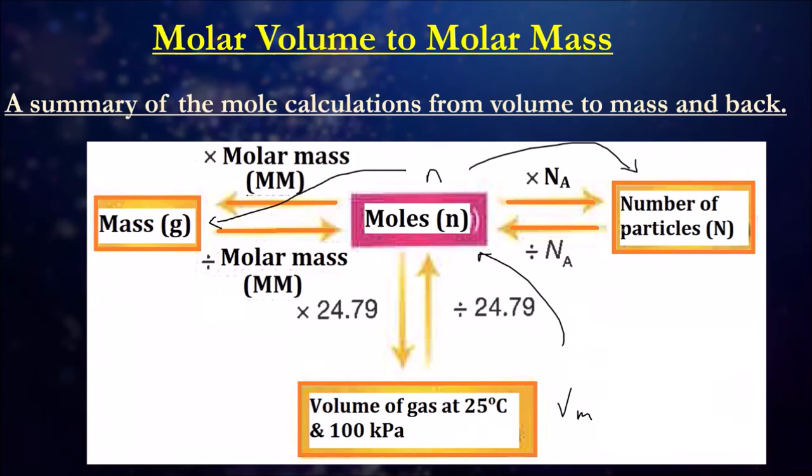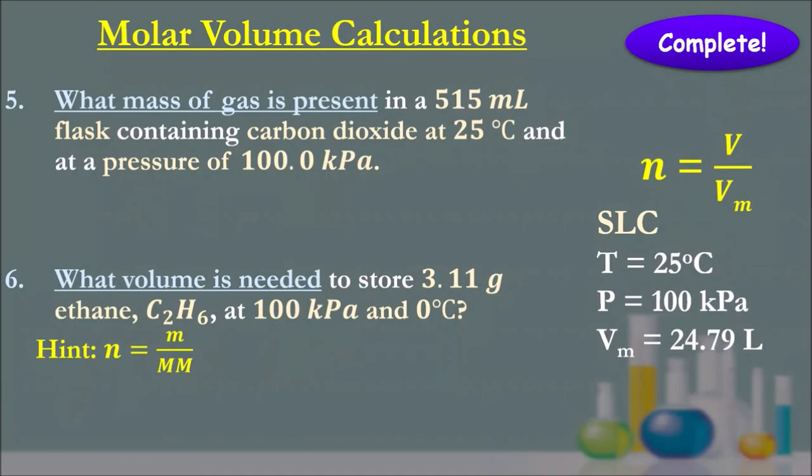So that's how we can backtrack on calculating the potential mass of the gas we're measuring, by looking at the amount of space it covers, the amount of particles we predict there will be, and also how much mass that would be equivalent to. So let's try some calculations related to that. Okay, again, 2 seconds before I move over, so pause now.